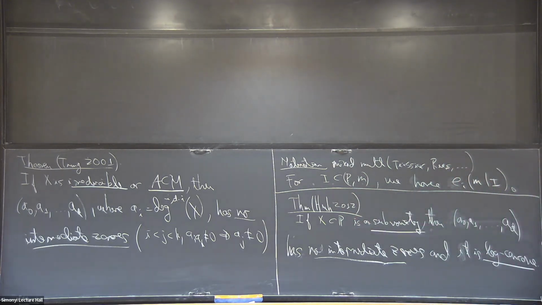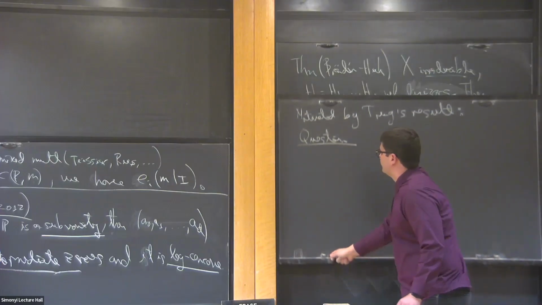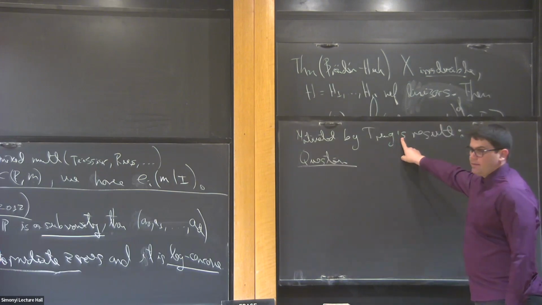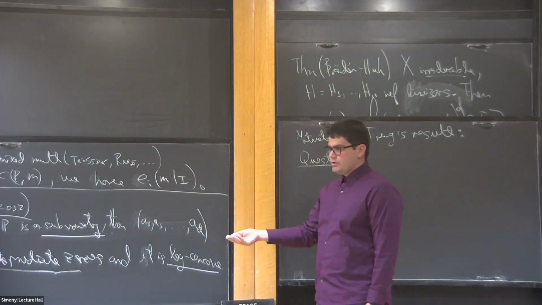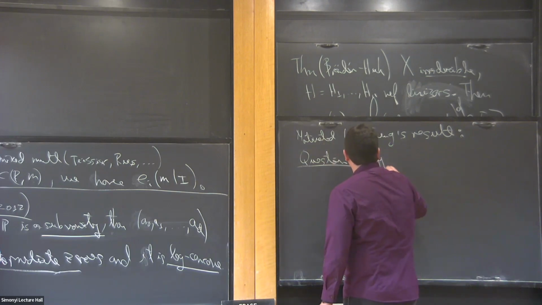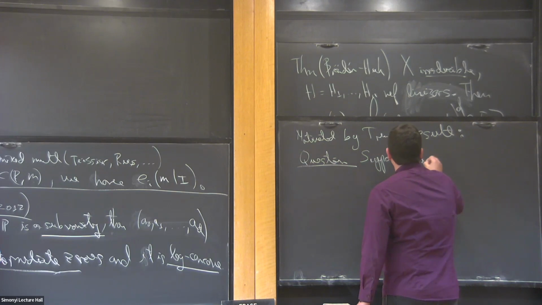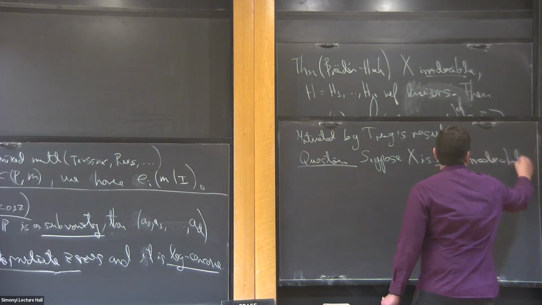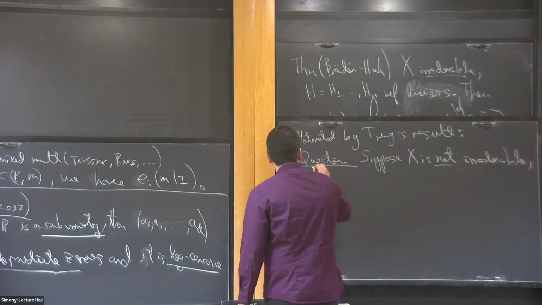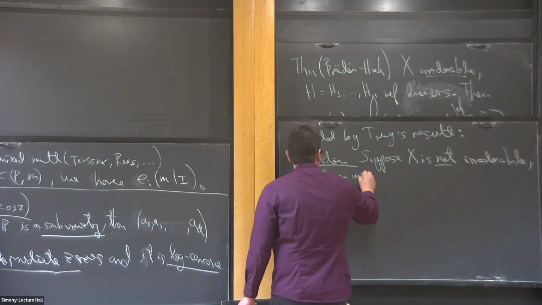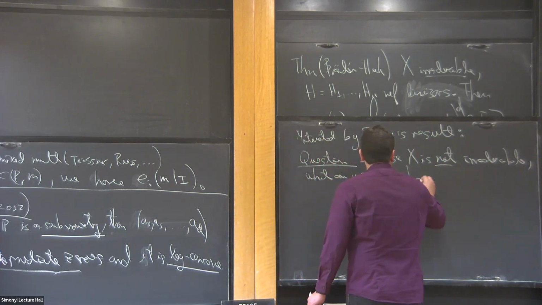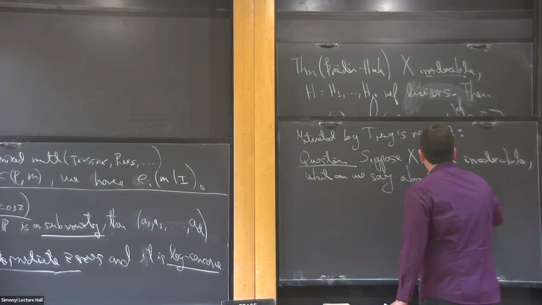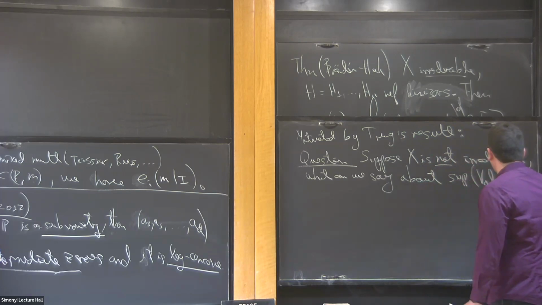But I think it would be nice, motivated by this result of Schum, instead of assuming irreducibility, to suppose that X is not irreducible, and then what can we say about the support of the volume polynomial or the cohomological class of some variety inside a product of projective spaces?